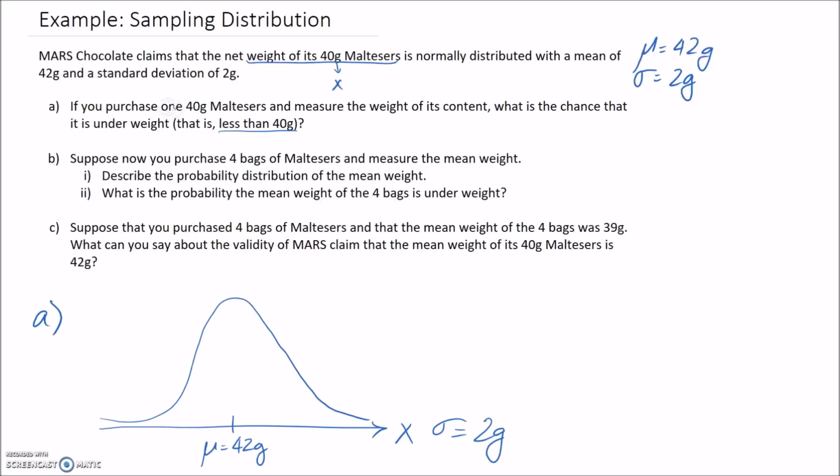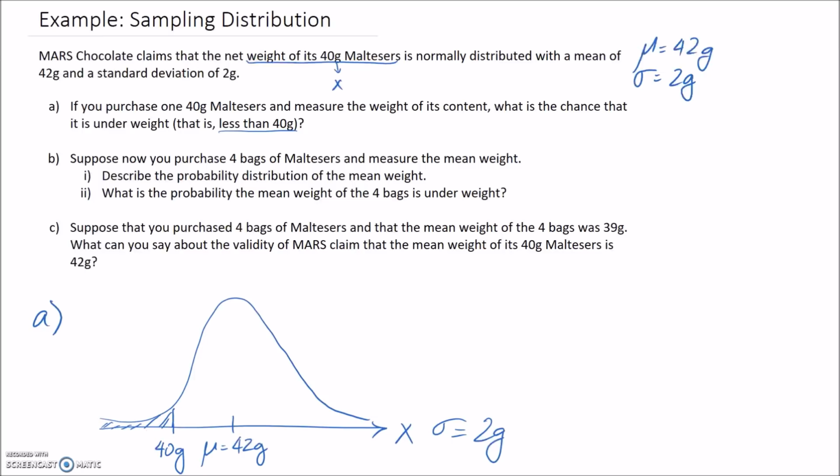So we've got one bag of these Maltesers and we're interested in the weight of it. And we want to know the chance that it is underweight, so less than 40 grams. So let's pretend that's here. Alright, so what we want is the area under the curve in this section of our graph, because that corresponds to the probability that the weight is less than 40.